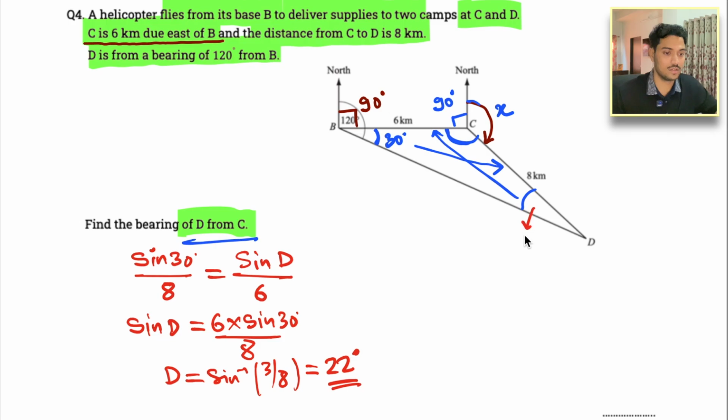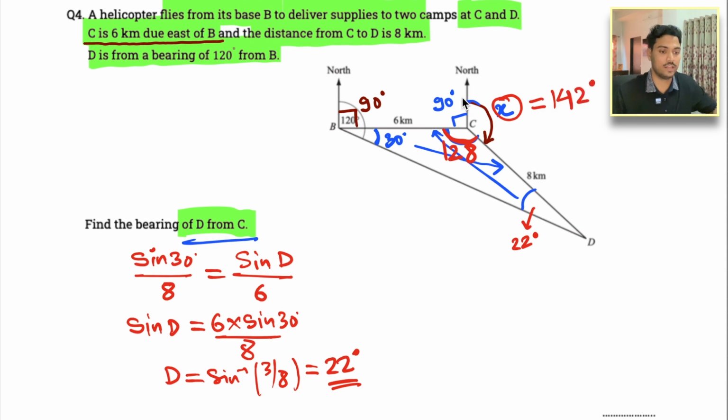Then we can find this angle, which is 180 minus 30 minus 22, which is 128 degrees. If this is 128 degrees, the value of angle X is going to be 360 minus 128 minus 90, which is exactly 142 degrees.